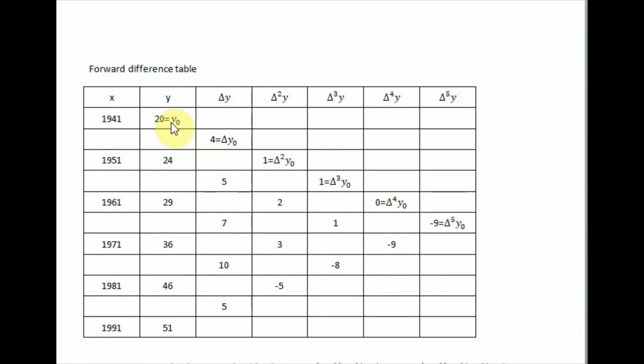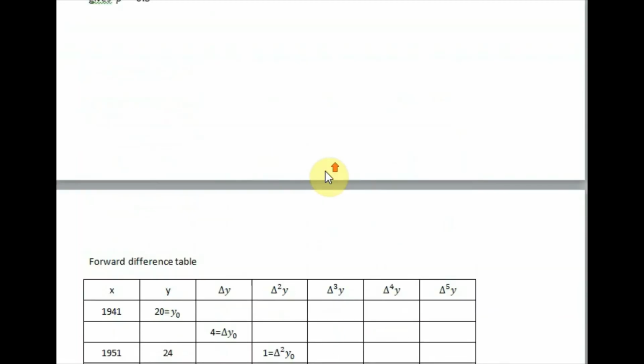So we have y0 equal to 20, delta y0 equal to 4, delta square y0 equal to 1, delta cube y0 equal to 1, delta raised to 4 y0 equal to 0, delta raised to 5 y0 equal to minus 9. If we have 6 data points, you can find up to fifth order differences, that is, delta raised to 5 y0 exists.